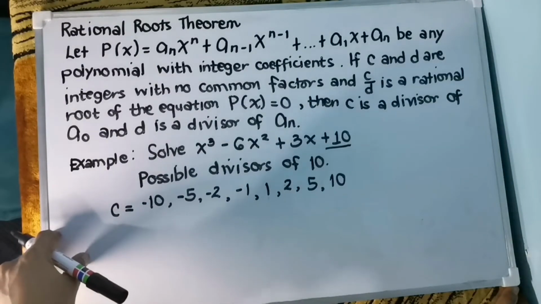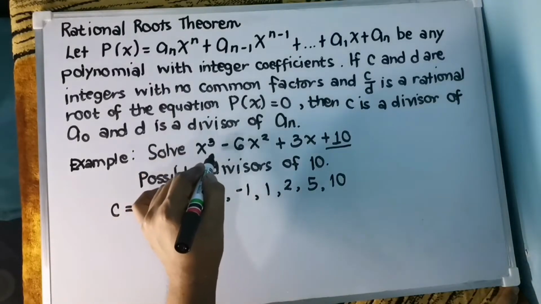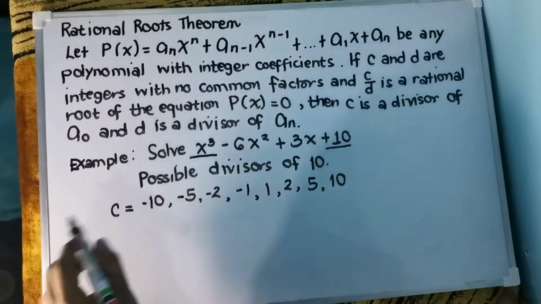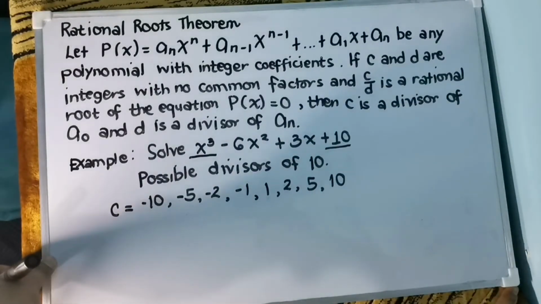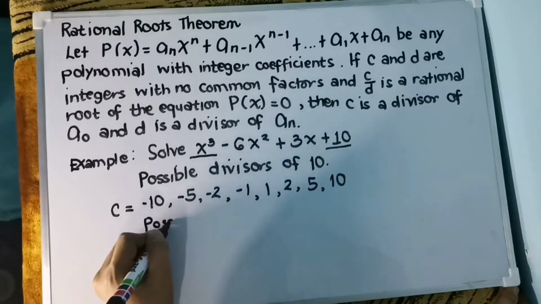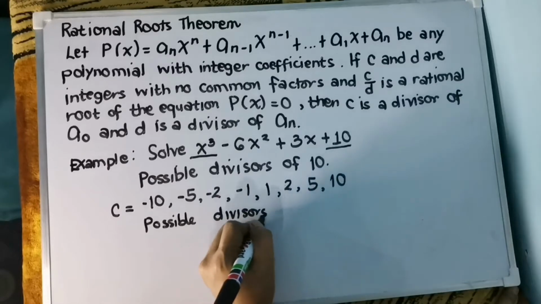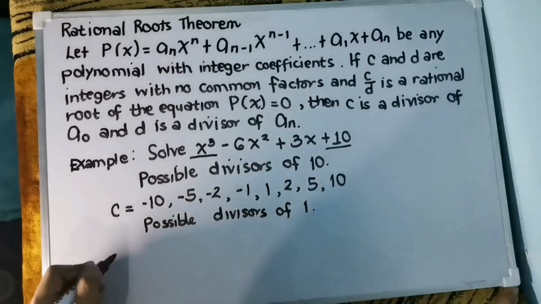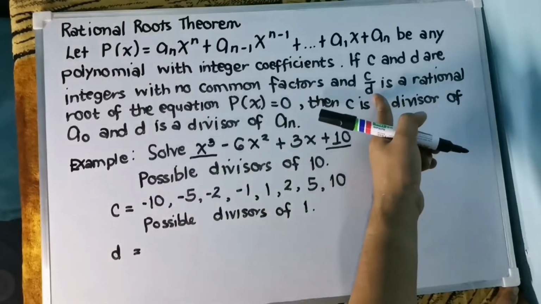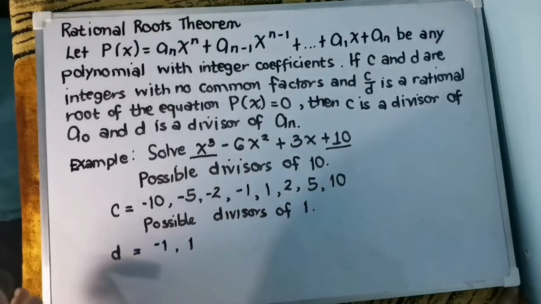And then the next one is the possible divisors of our leading coefficient. Since our first term is x cubed, our leading coefficient is 1. So the possible divisors of 1, that will be our D. So to get C over D, it is negative 1 or positive 1.